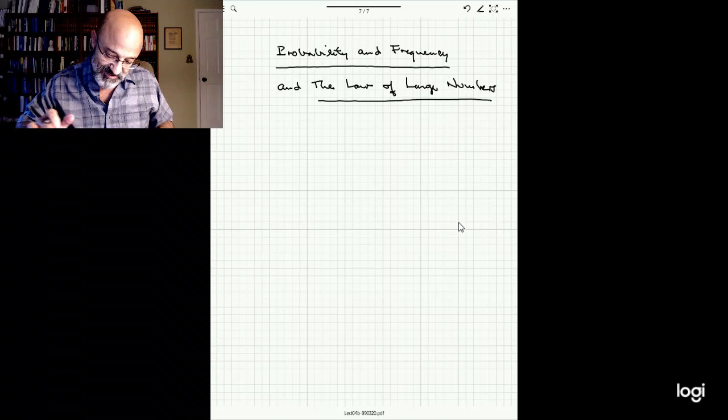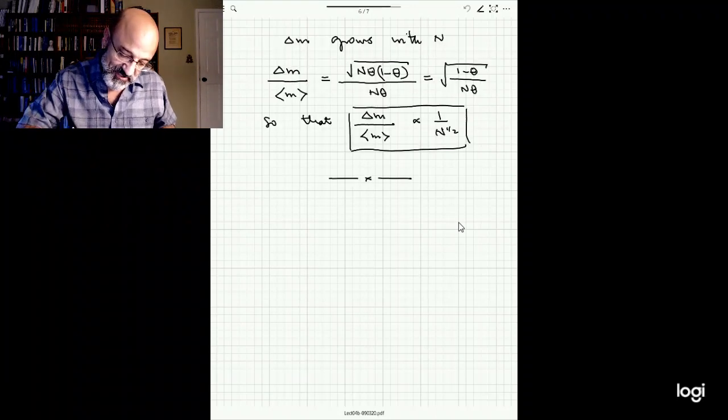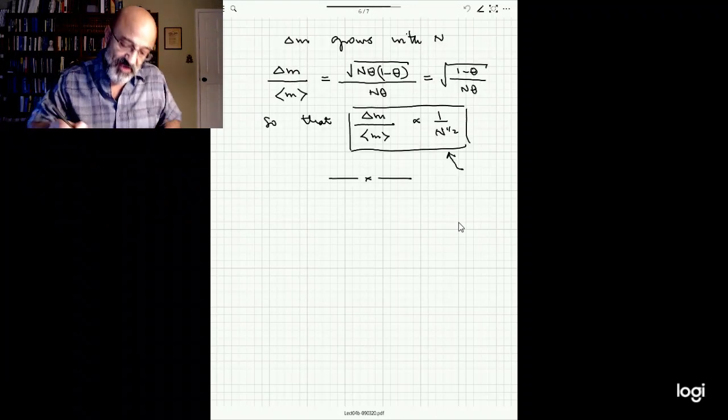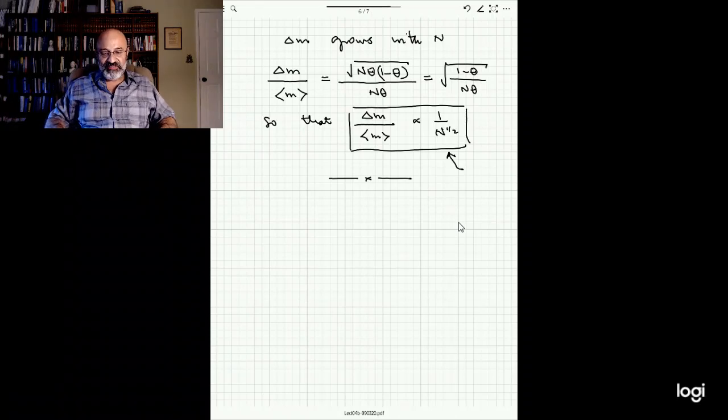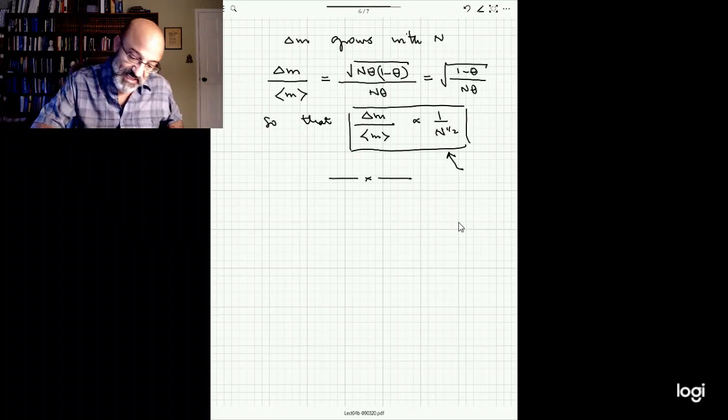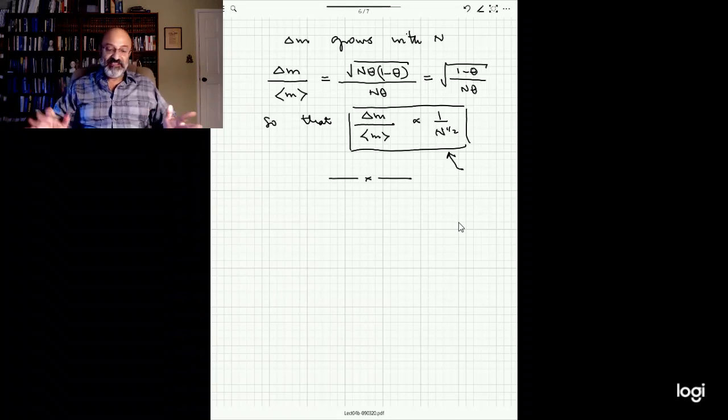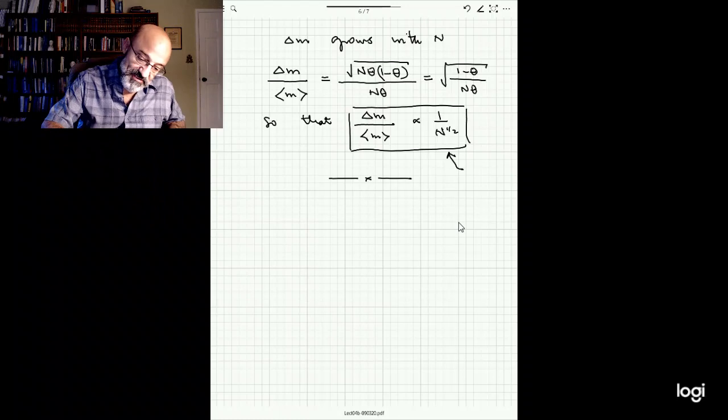Now, already here, we saw something interesting about large numbers. You are tossing a coin and you toss it many times. What is the expected value? It's n theta, yes. But what is the uncertainty in this? It's the numerator here, right?